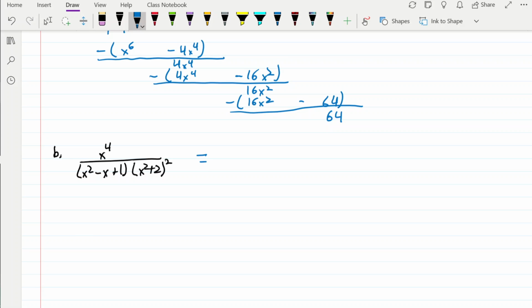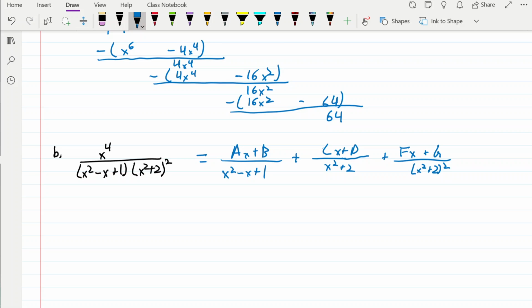So what we're going to end up getting should be ax plus b over x squared minus x plus 1 plus cx plus d over x squared plus 2 plus fx plus g over x squared plus 2 squared. And then we can check the answer.